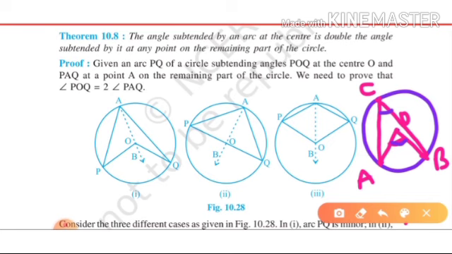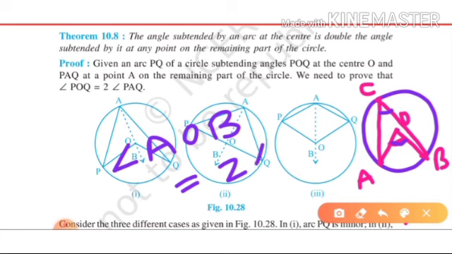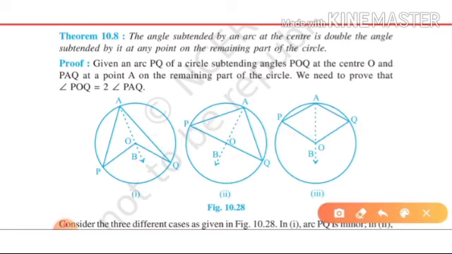Then this angle AOB is twice, that means double, the angle ACB. That means the angle at the center is always greater. See, it is given here.